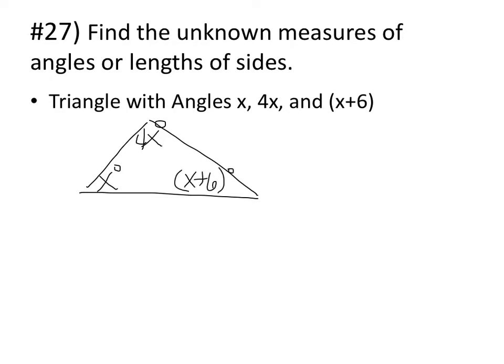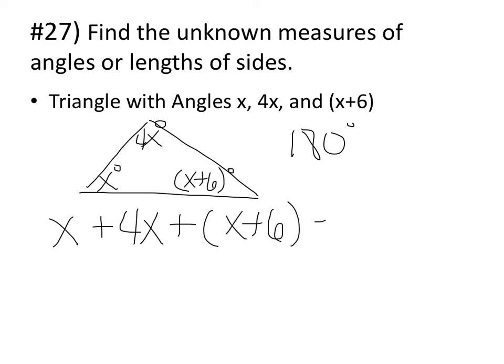We know that the angles of a triangle add up to 180 degrees. So you're going to say x plus 4x plus (x plus 6) is equal to 180. And remember, you always put your expressions in parentheses.